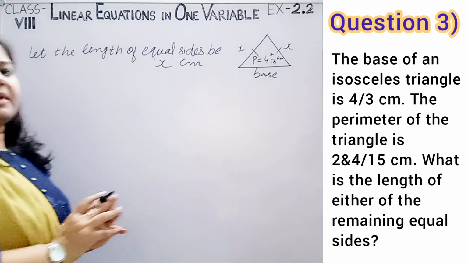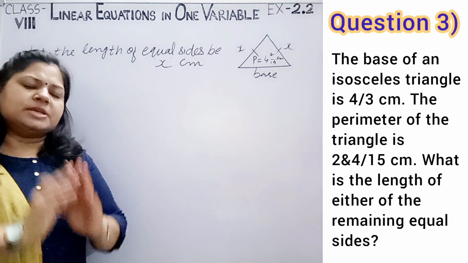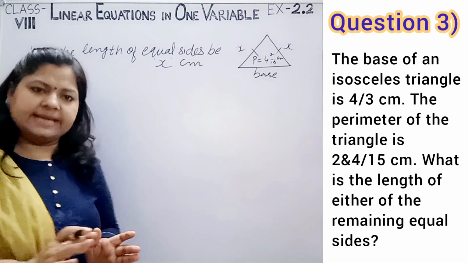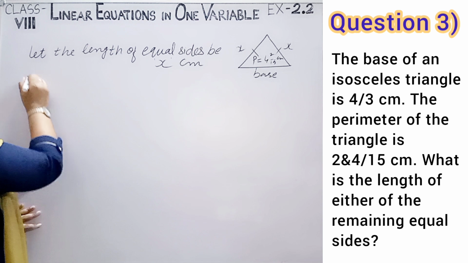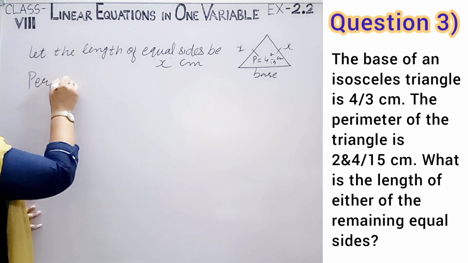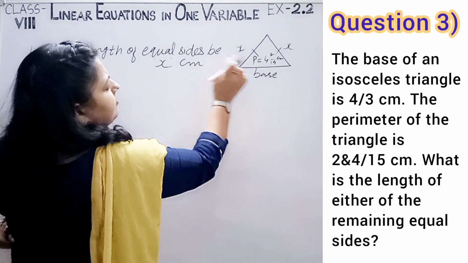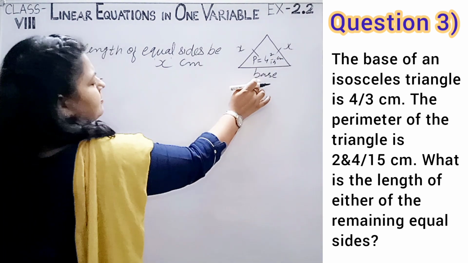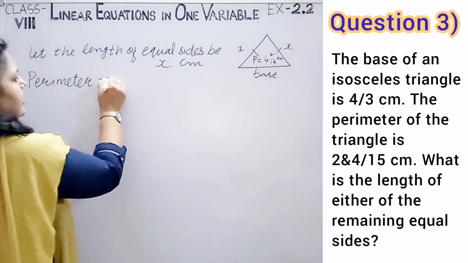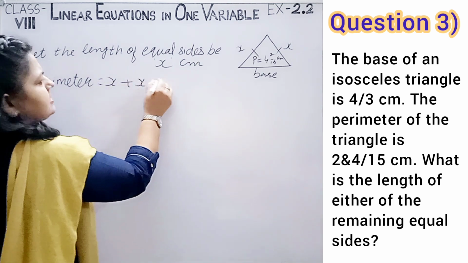Now what is the perimeter? We have already discussed, the sum of the lengths of all the sides. So here the perimeter is x plus x plus base, because we have three sides.